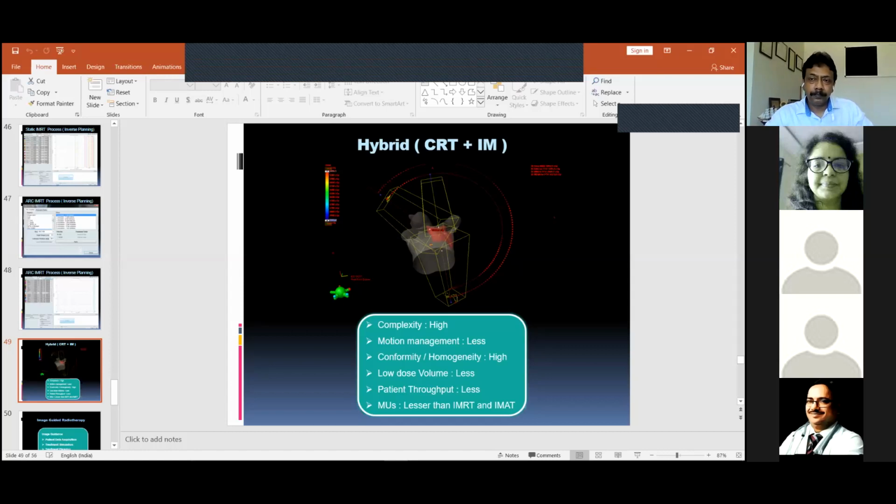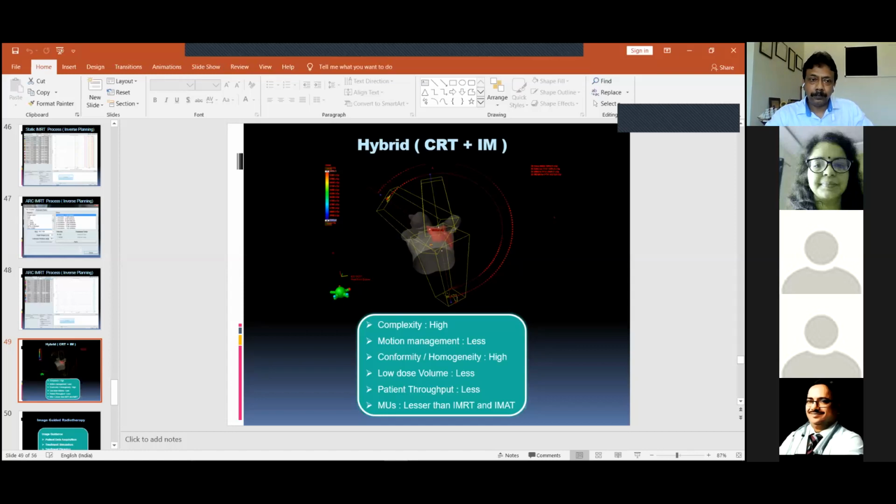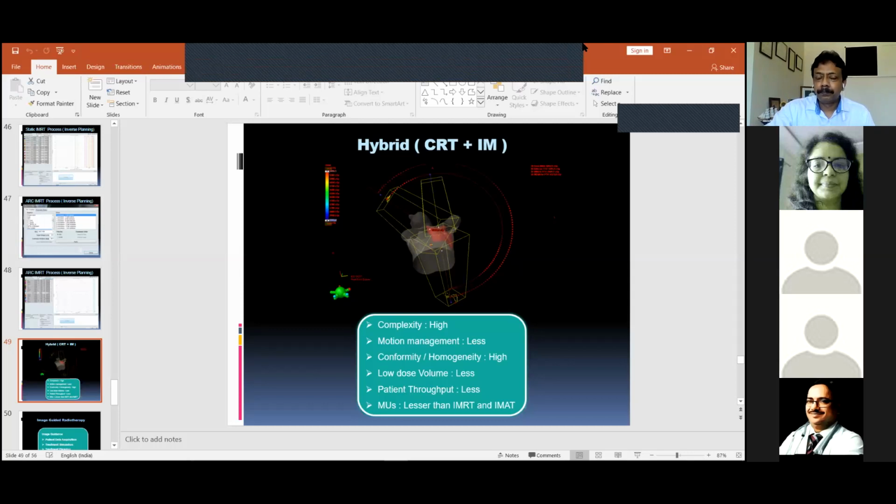As far as I know, this is used in AIIMS for prostate SBRT. I have seen and experienced it, and it is a very good technique. For prostate SBRT, we use a transperineal probe for the gating, without any fiducial, and it is easy to handle, easy to use, and the treatment time also gets very much less with this technique.